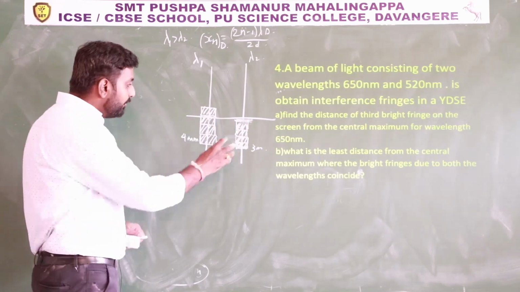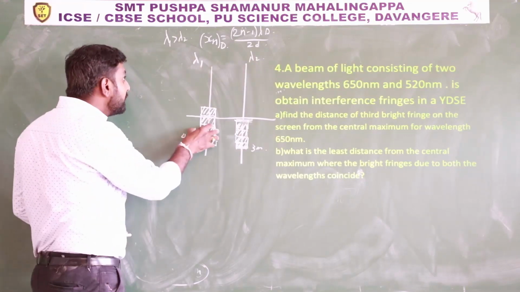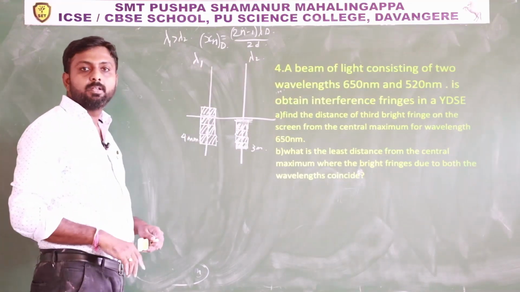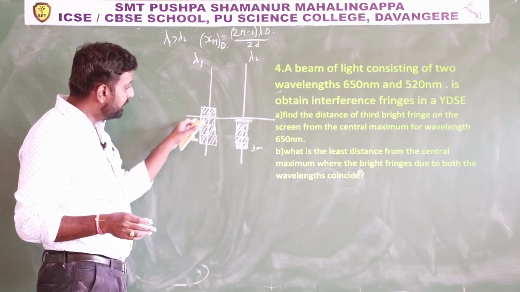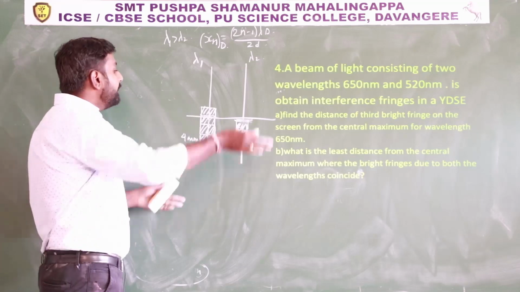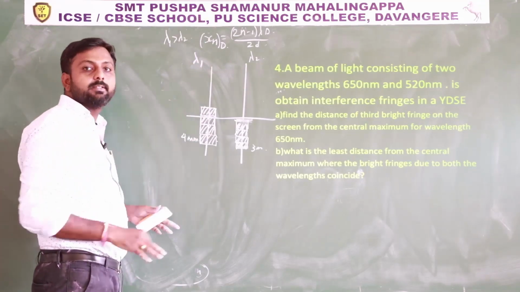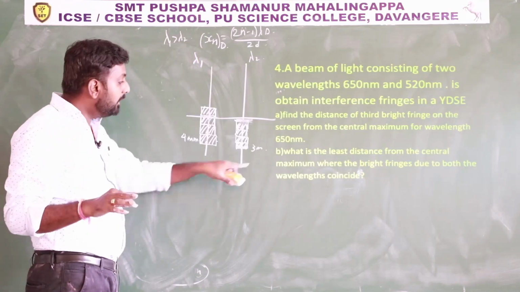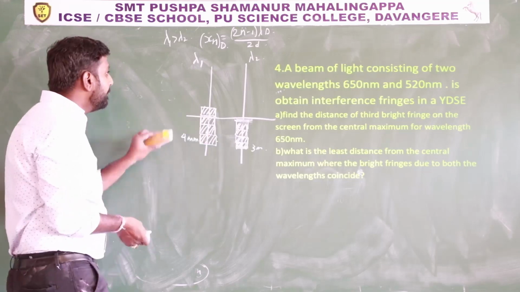That means 4 fringes of the second wavelength coincide with 3 fringes of the first wavelength. I hope you understood. This is the minimum distance. Then again, as you continue, they will coincide once more after some distance. But the least distance is what we have to find in the problem.